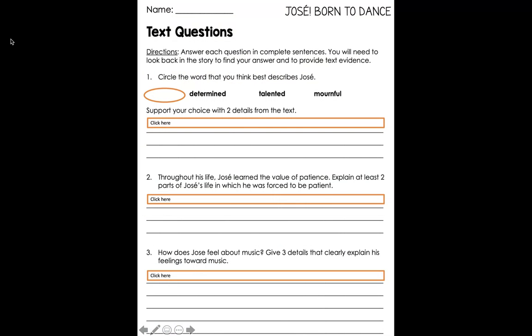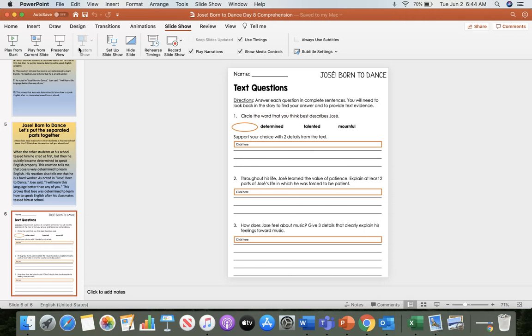Okay, so now you guys are going to answer these 3 questions. All right, let me escape out for just a second. For the first question, put the circle around the word that you want, the one that you think best describes Jose. So you can see it moves here.